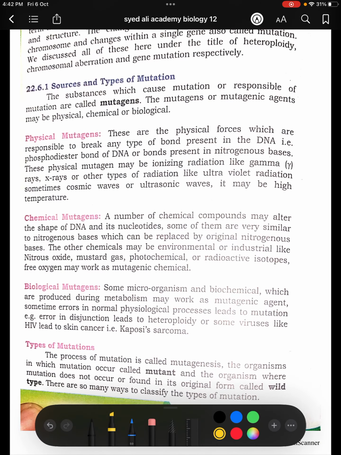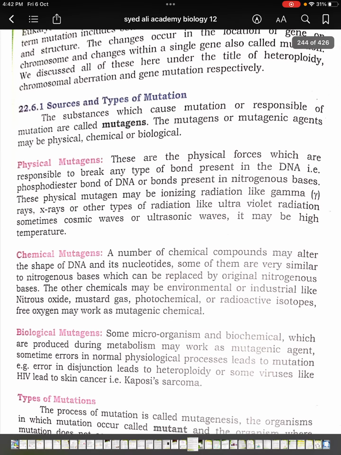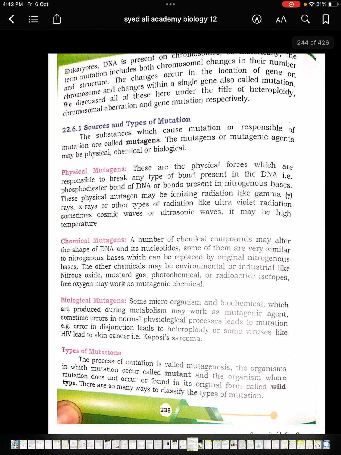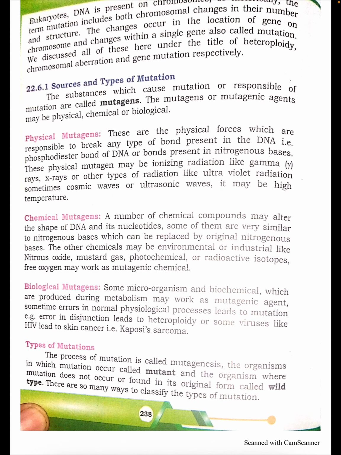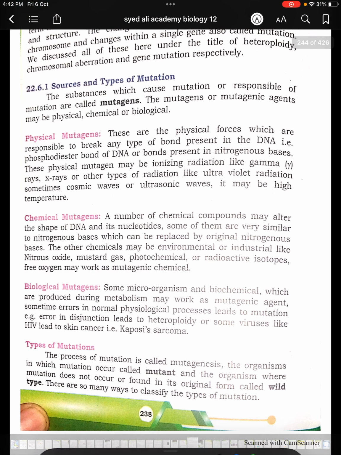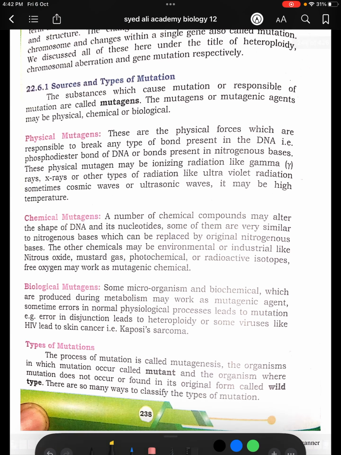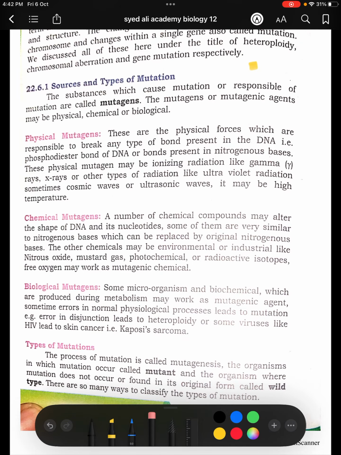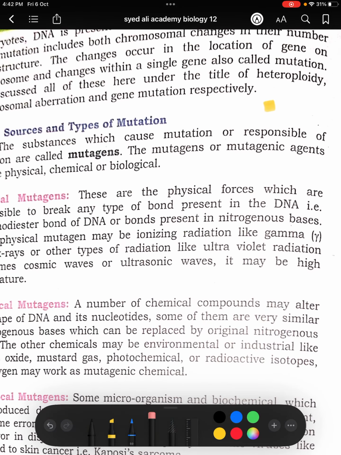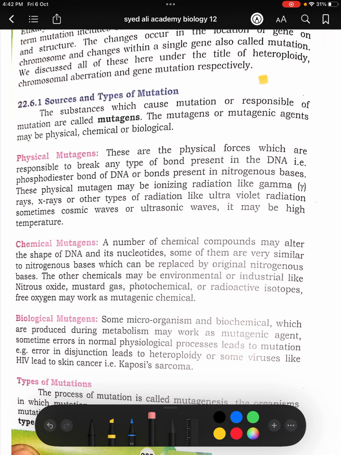Now in eukaryotes, DNA is present on chromosomes. The term mutation includes both chromosomal changes in their number and structural changes. The changes occur in the location of a gene on a chromosome, and changes within a single gene are also called mutation.